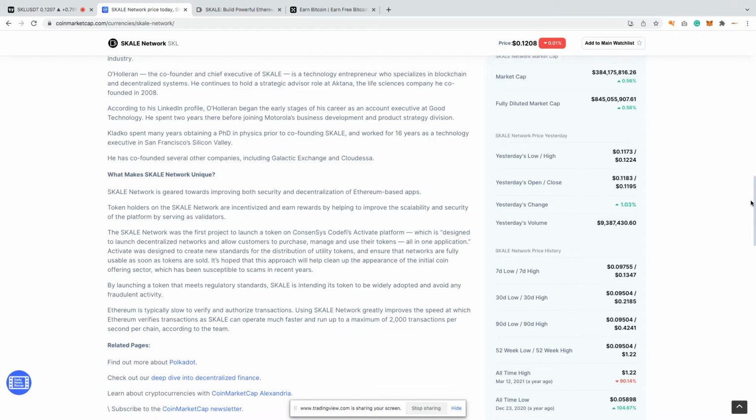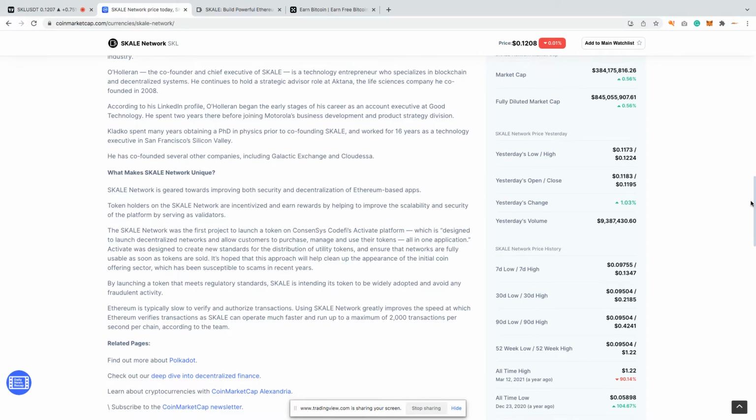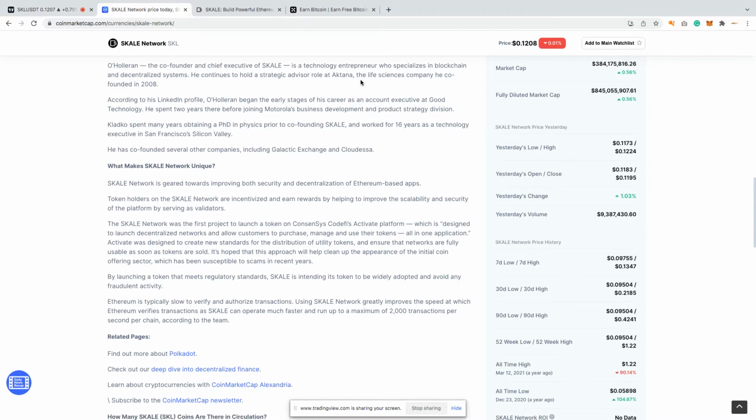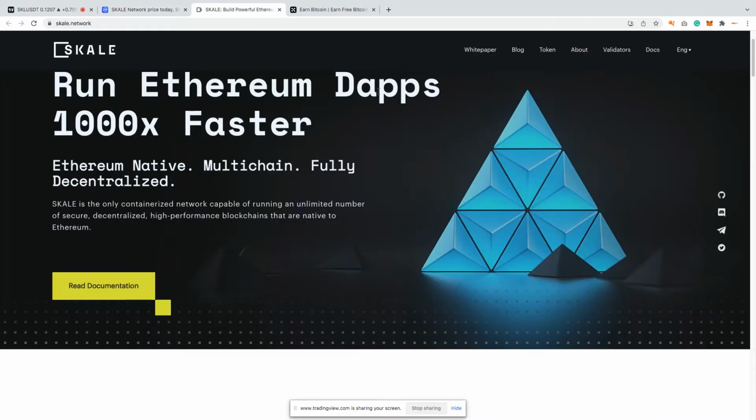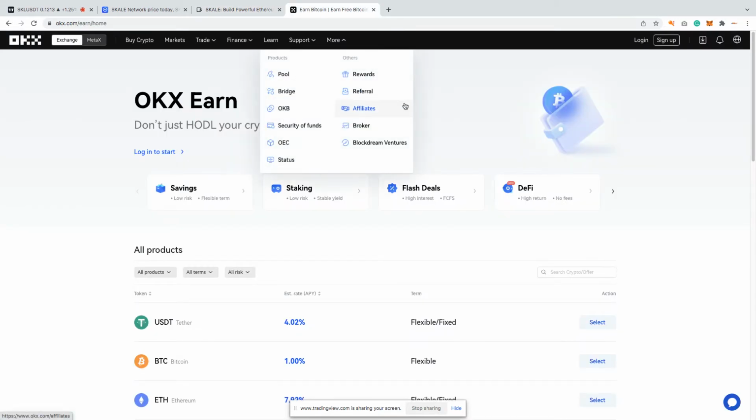Token holders on this Scale network are incentivized and earn rewards by helping to improve the scalability and security of the platform by serving as validators. This is their website. You can see it says run Ethereum apps faster. You can build Ethereum apps on top of their network and they run faster. It's fully decentralized, it's a multi-chain network, and it's also native to Ethereum.